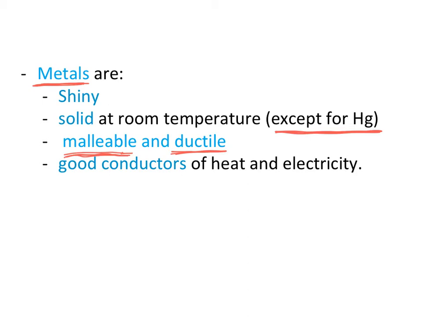This is also typically why you aren't going to want to stir a pot of boiling water with a metal spoon, because the heat will travel up the handle of the spoon and it'll get hot when you're holding it. They also are good conductors of electricity. This is also why we use metals to make wires to conduct electricity through our homes and across long distances as well.